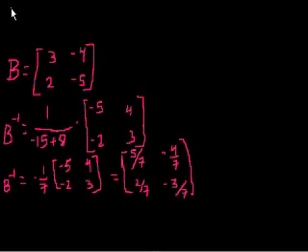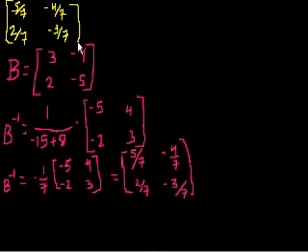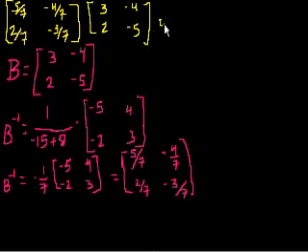So B inverse is 5/7, if I haven't made any careless mistakes, minus 4/7, 2/7, minus 3/7. That's B inverse, and let me multiply that by B. 3, minus 4, 2, minus 5. Now this is going to be the product matrix.